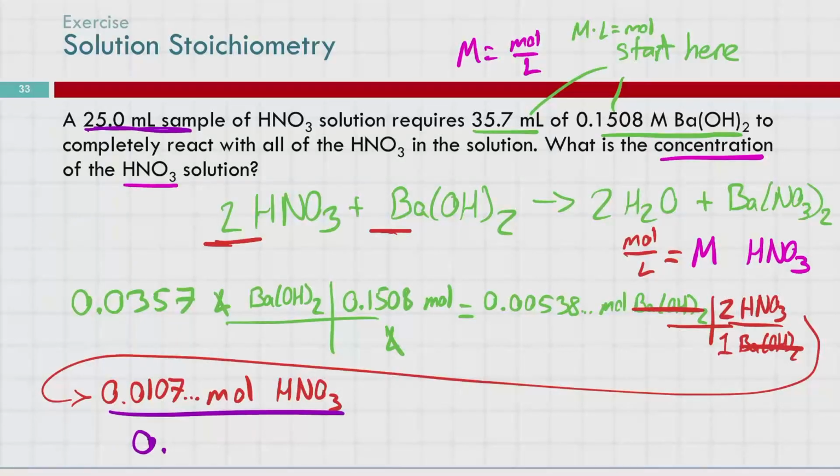So if we divide by 0.0250 liters, this will give us the molarity. 0.431 molar HNO3. Questions?